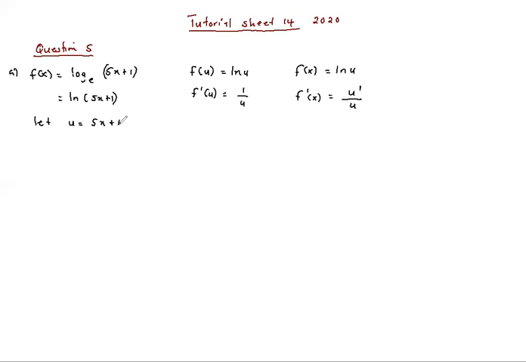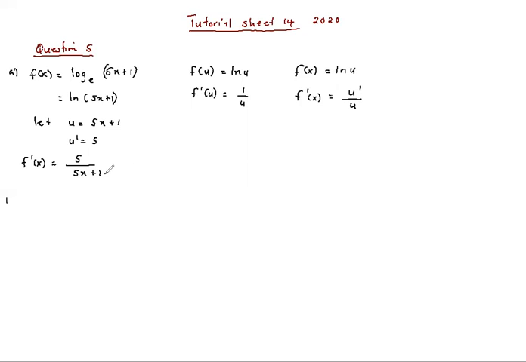U is a function of x, and so the derivative of u is 5. So the derivative of f is u prime over u, which is 5 over 5x plus 1.